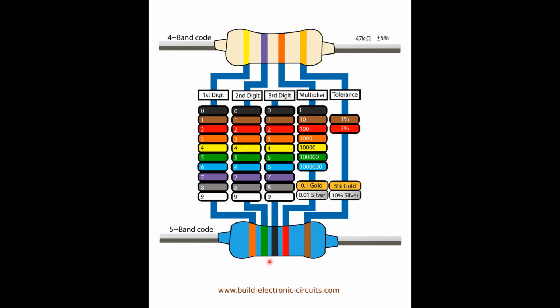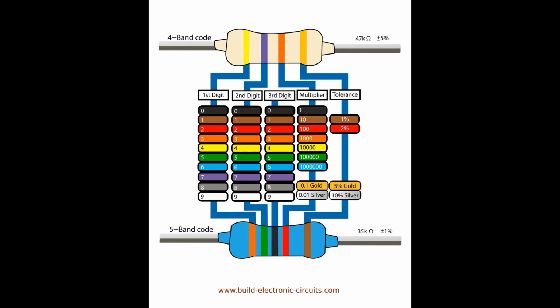The first 3 digits are 350. Multiply it with 100. So 35000, 35 kilo ohm. The last one is brown, that is 1% tolerance. So what should be the value? 35 kilo ohm with plus or minus 1% of 35.